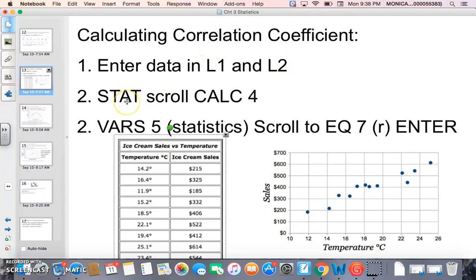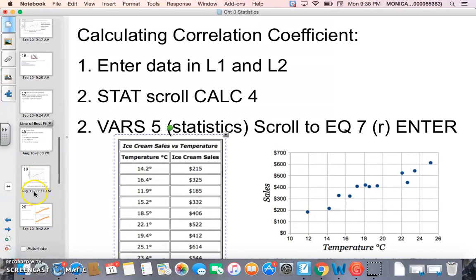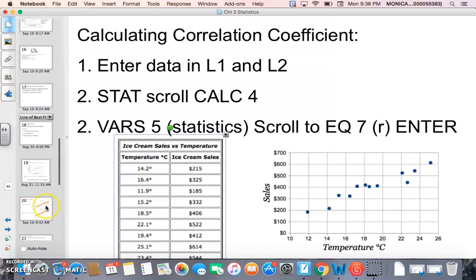Then you're going to hit Stat, scroll over to Calculate, hit 4, and when you hit Enter, you should notice your regression line. You should notice your slope is 33.0769, and so on. And your B value is going to be negative 216.9. Now for our B value, let's see.